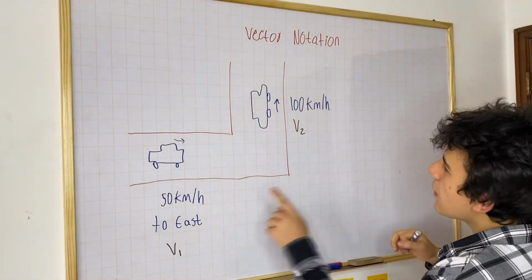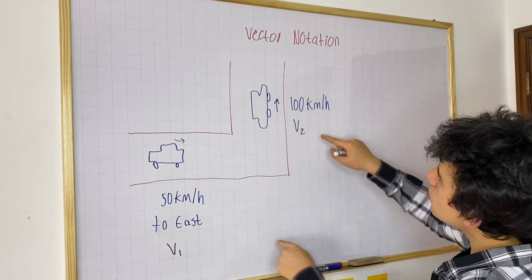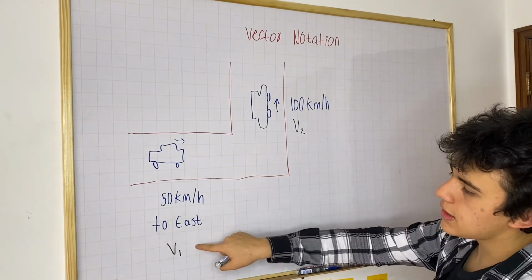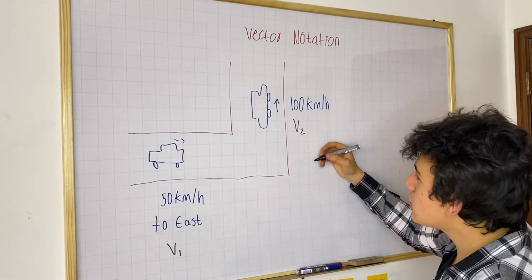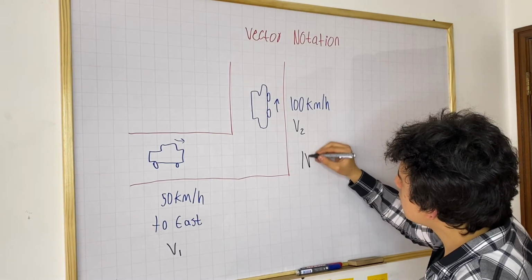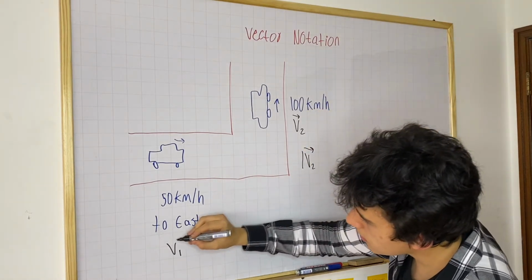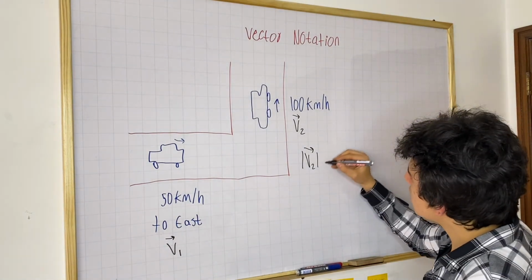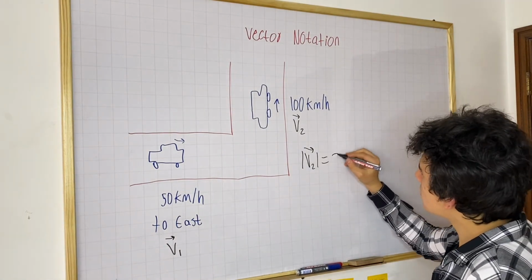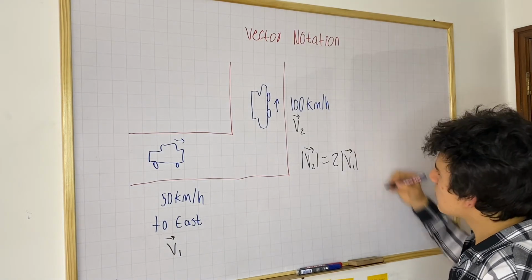We know the magnitude in this case is twice as big in v2 than it is in v1. So something we could say is that the absolute value of vector v2, and actually I missed the arrows in here, the magnitude of vector v2 is 2 times the magnitude of vector v1.